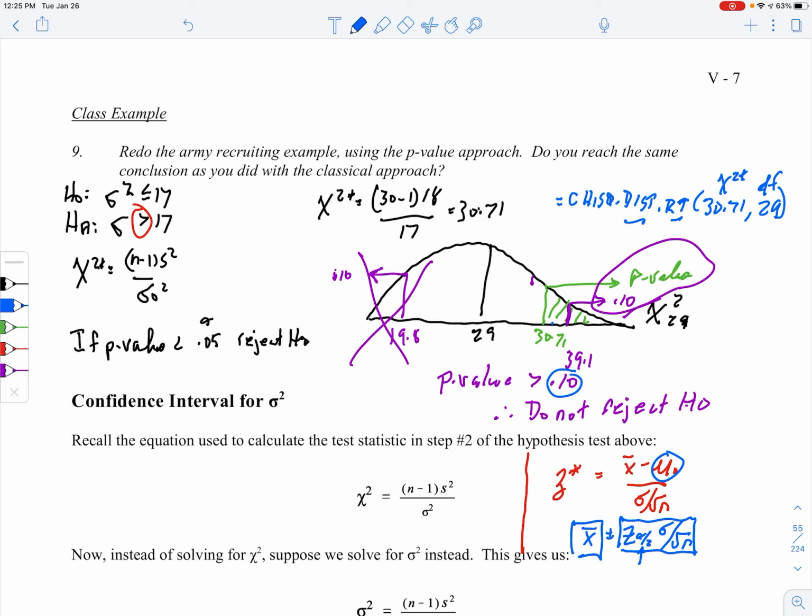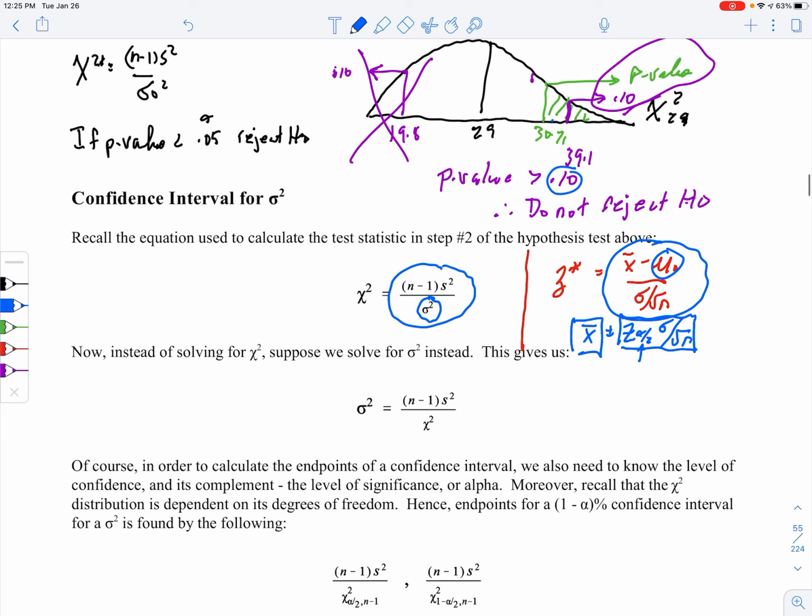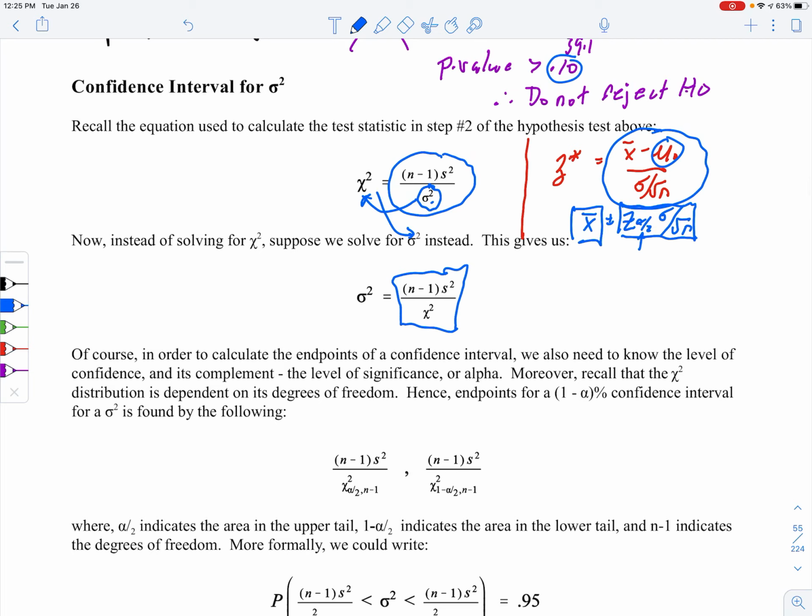The important thing to note about the confidence interval for sigma squared here is that the formula is different. It looks like this, and so we would be solving for this guy here. If you isolate this, this goes up and this goes down, and then you come up with this, and you end up with a lower and an upper tail value, but it's not like an x bar plus or minus a margin of error.